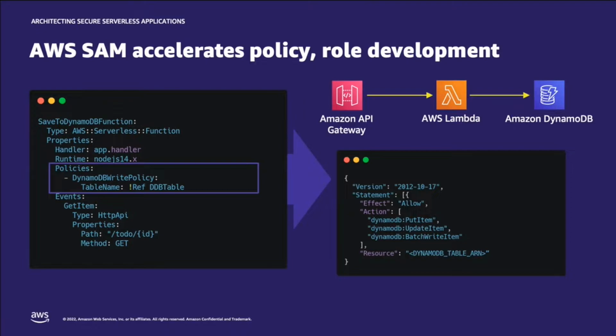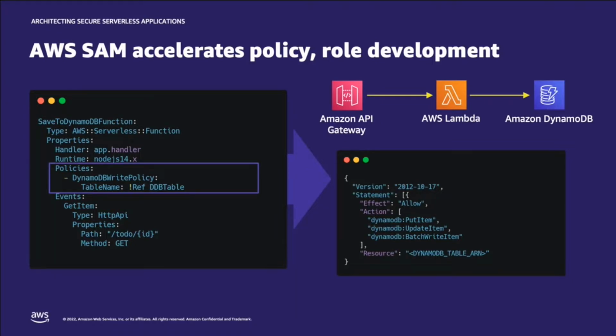For example, you have the DynamoDB CRUD policy, which gives create, read, update, and delete permissions to a DynamoDB table. We have the DynamoDB read policy, which gives read-only permission to a specific DynamoDB table, and so on and so forth. So rather than creating everything, you can take advantage of these policy templates to prevent you from starting from scratch, right?